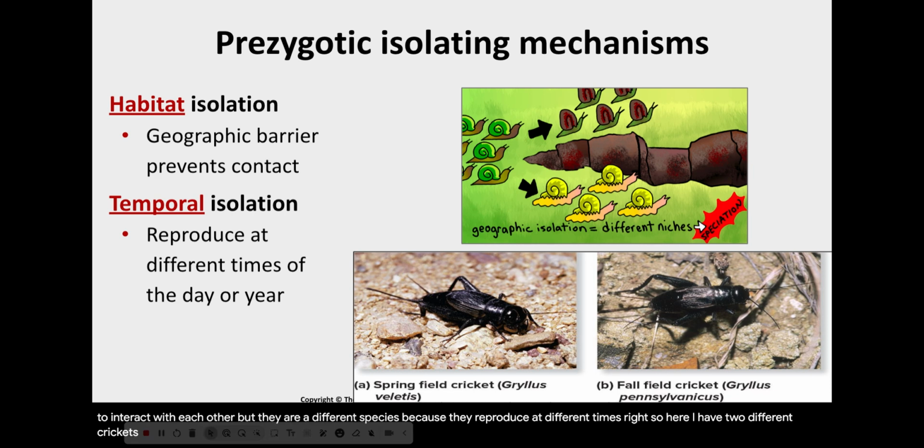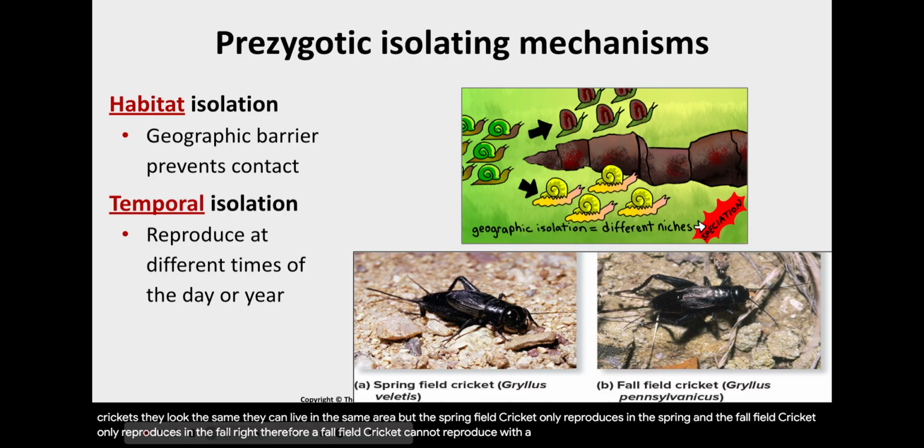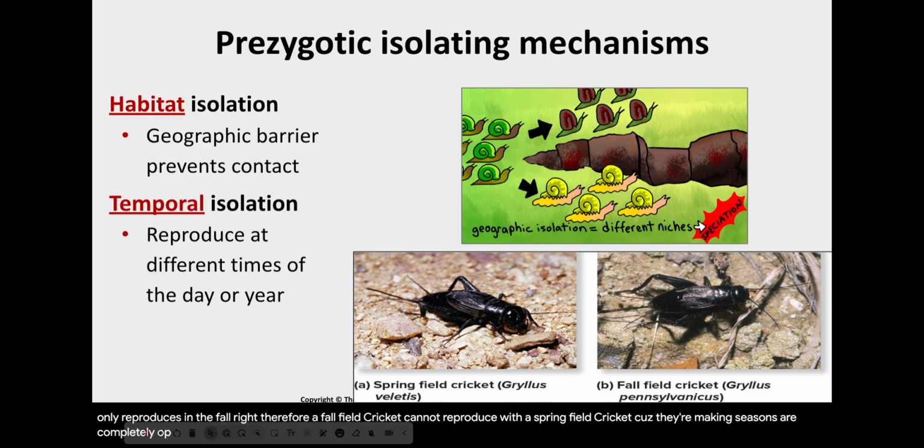They look the same and can live in the same area, but the spring-field cricket only reproduces in the spring, and the fall-field cricket only reproduces in the fall. Therefore, a fall-field cricket cannot reproduce with a spring-field cricket because their mating seasons are completely opposite. So they've been reproductively isolated due to the time in which they actually go through their breeding season.